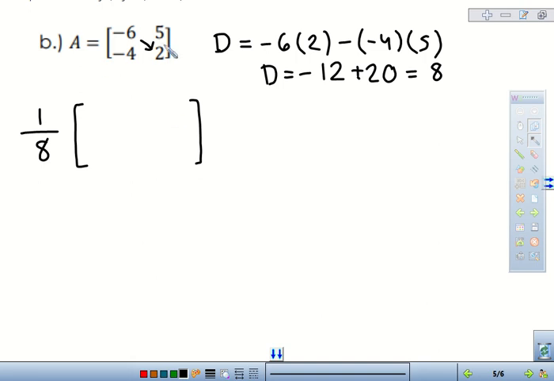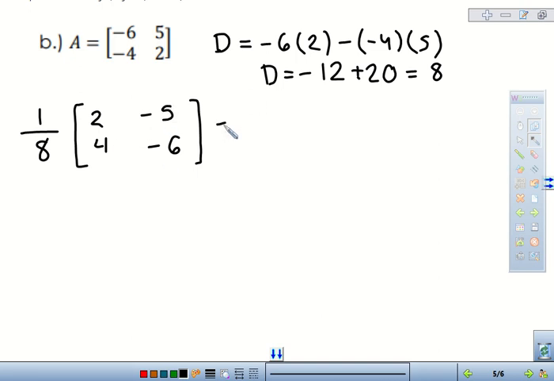Now we're going to do our swapping and our changing of signs. As we know from the rule, diagonals top to bottom, what do they do? Swap. And diagonals bottom to top, change signs. Everybody good with that?